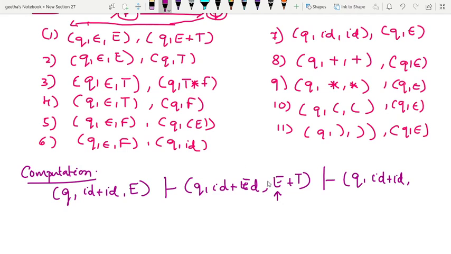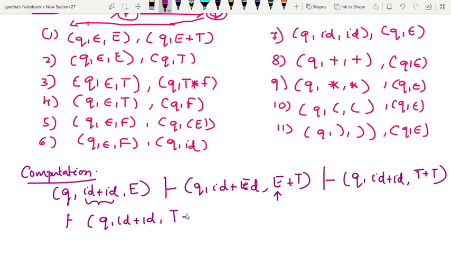On Q and E, there are two possibilities, either E plus T or T, but I want to match with ID plus ID, so preferably I go with E gives T plus T. Next I will get Q, comma, ID plus ID.